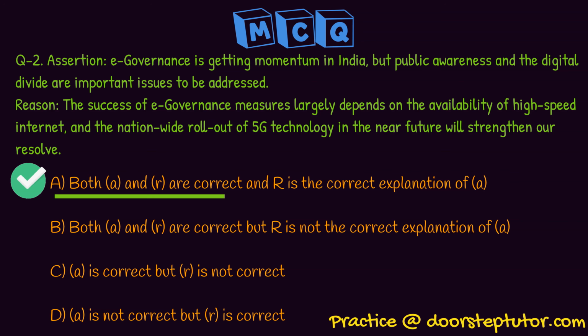Yes, nationwide rollout of 5G technology in the near future will strengthen our resolve. It is absolutely correct. Once there is a 5G network and high-speed internet and the infrastructure everywhere, only then more and more people can benefit from e-governance. So the answer will be option number 1. Both are correct and reason is the correct explanation of assertion.